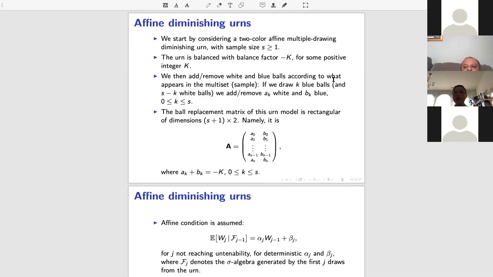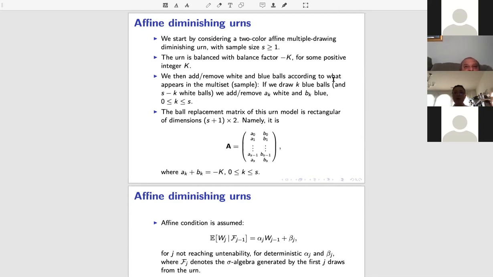These entries can be negative, and for the diminishing feature, we specify that in the replacement matrix, the balance factor is some negative number, so we call it minus K. The diminishing feature is guaranteed by imposing the negative condition on the balance factor.